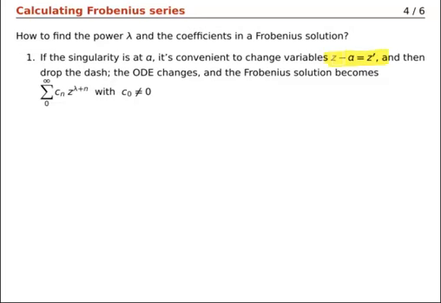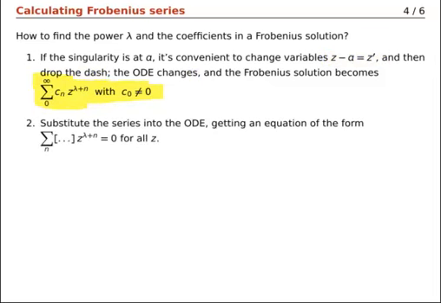So change variables, transform the differential equation, that will change the form of the differential equation, and then just drop the dashes on the z, and you get a new differential equation and a new form of the Frobenius series that looks like that.